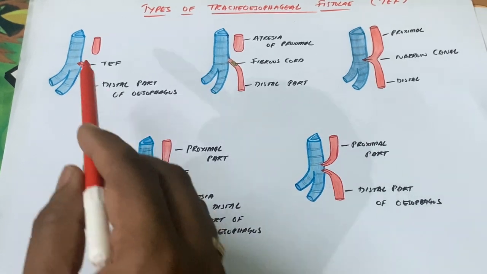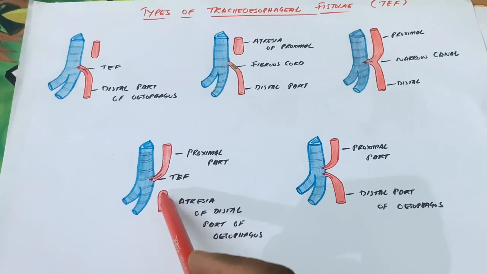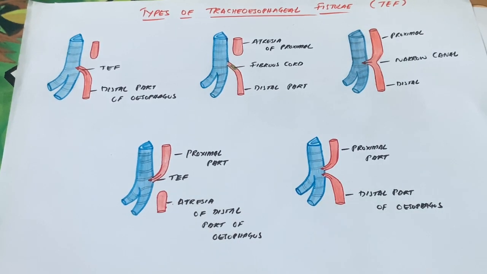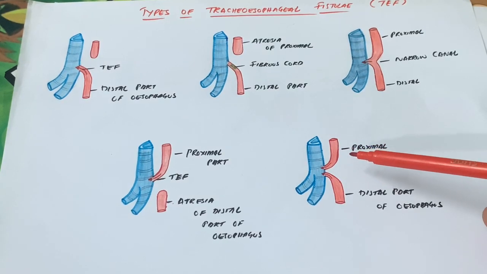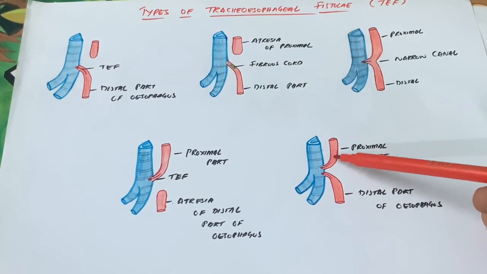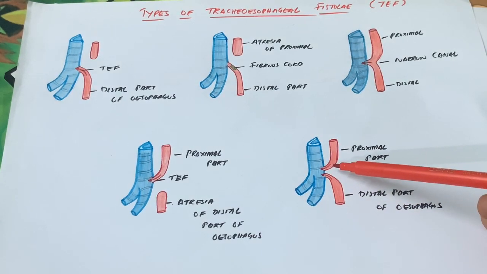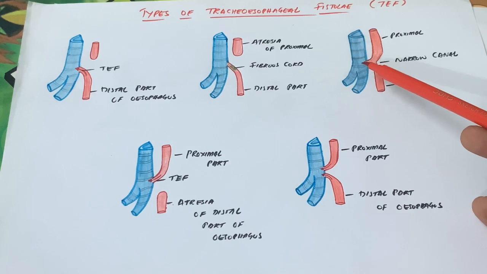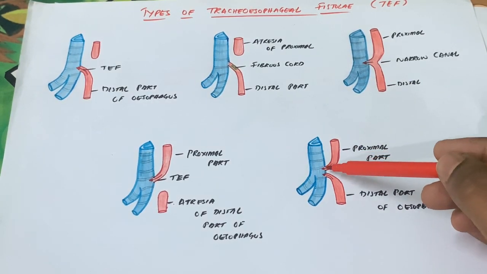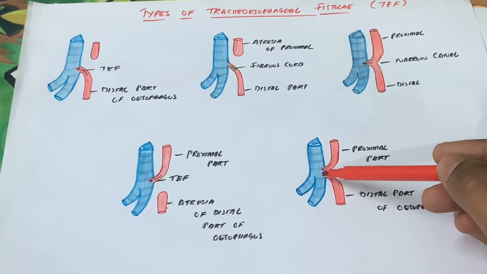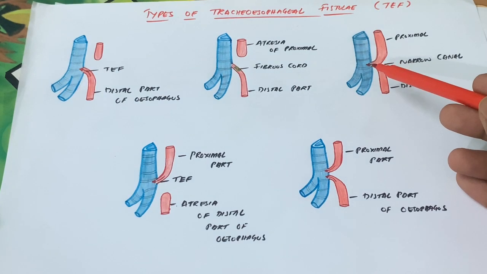Next, the esophagus communicates with the trachea in the upper part and the lower end forms a blind pouch. This is just opposite to the first. Next, the proximal part and the distal part of the esophagus both communicate with the trachea, but here it is not a common channel; they have separate channels, the upper part with a separate channel and the lower part with a separate channel, which is opposite to the common channel.